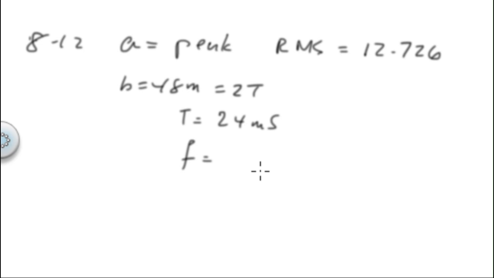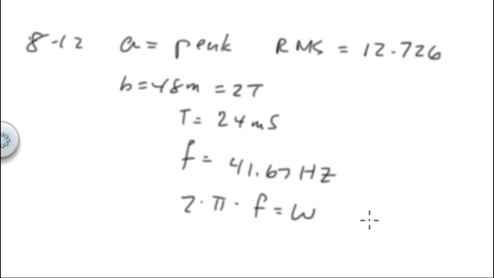It's 41.7 hertz. So 2 times pi times F is equal to omega. That's what you put in front of the t.